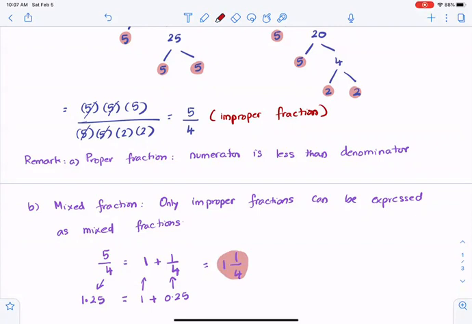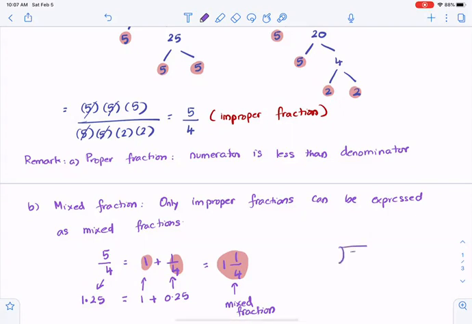You have an improper fraction. Now, this is an easy problem where I was able to recognize that 5 over 4 is 1.25. I split it up, wrote it as 1 plus 0.25, and wrote it this way, called it a mixed fraction. But if you have a complicated number, how would we go about doing this?